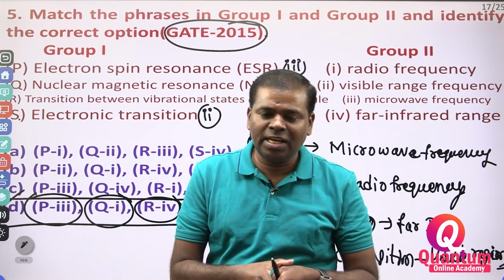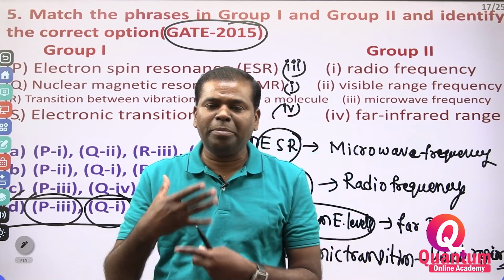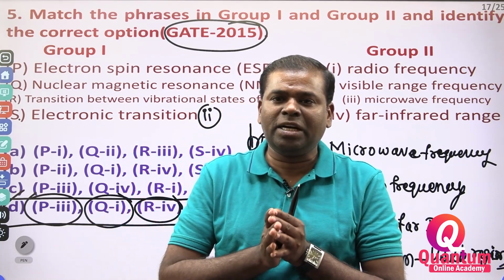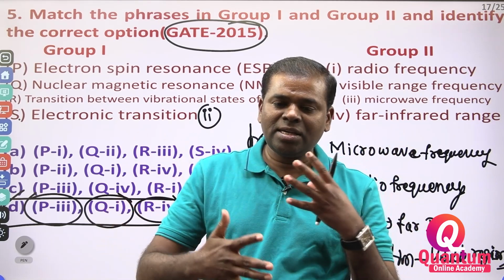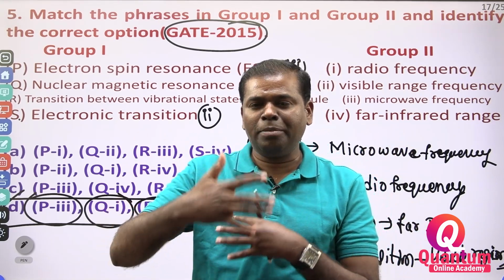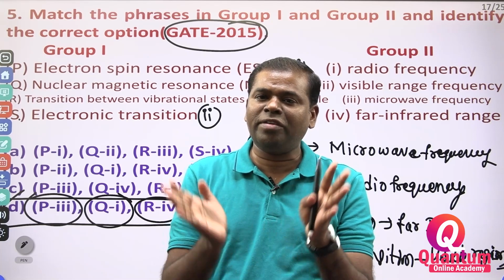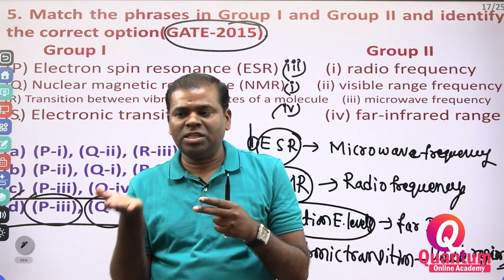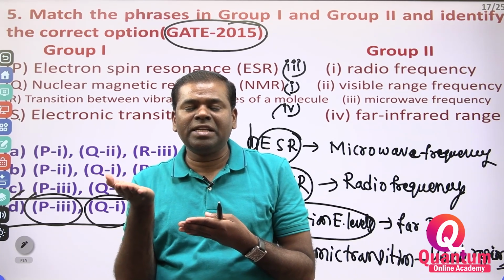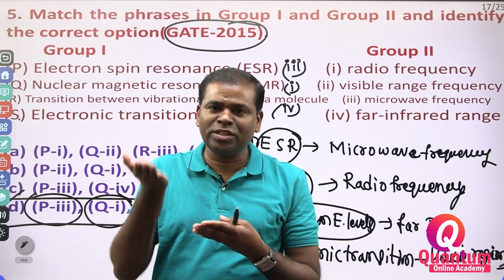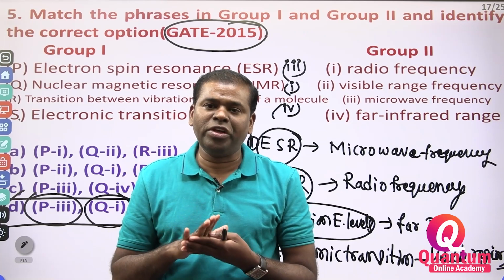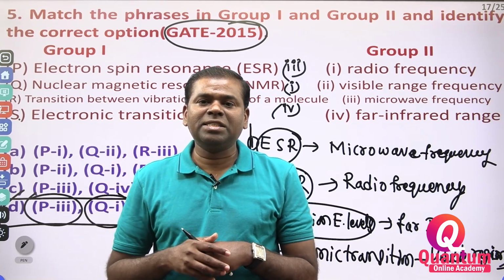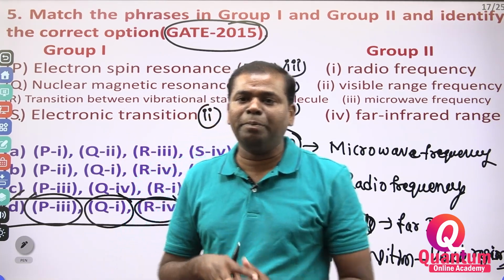While we are teaching electronic spectrum, vibrational spectrum, rotational spectrum, and ESR, NMR, EPR, all these things, whenever we are learning, we learn within what frequency range those things operate. We are taking the match the following. This option is very, very important.